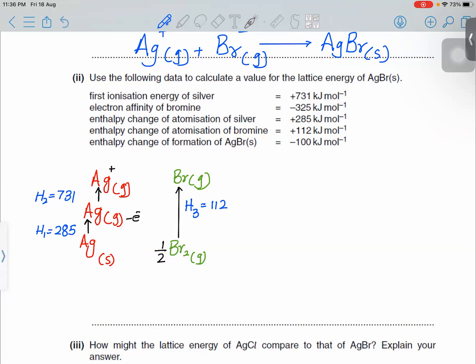We use this formula when atomization energy is not given. Whenever atomization is not given, you will use bond energy divided by 2 multiplied by the number written as a coefficient of Br or any non-metal. Are you getting my point? Yes, sir.